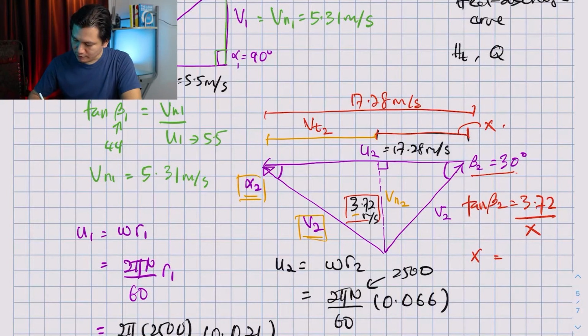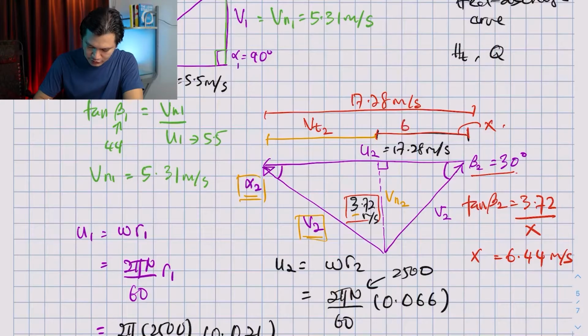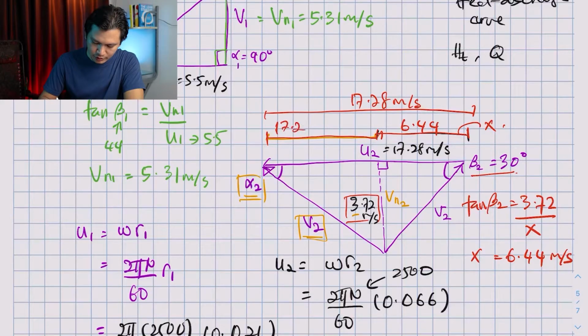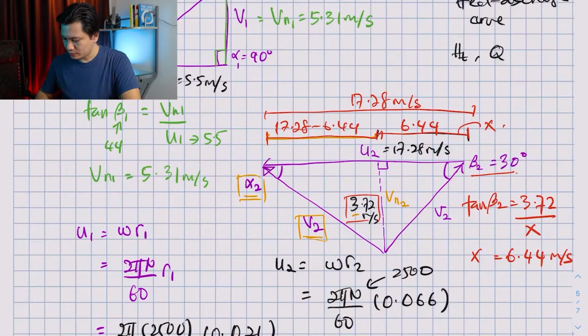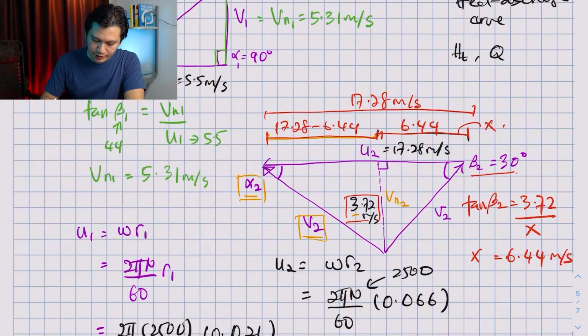So I'm going to have x equal to 6.44 meter per second. Is that right? Okay, so this is 6.44. And to find this distance, this is actually 17.28 minus 6.44, which is equal to 10.84.